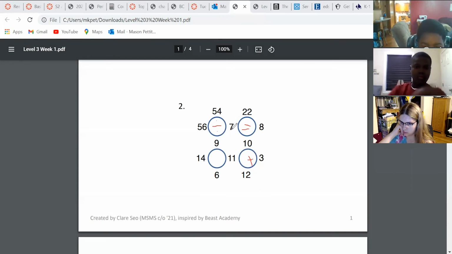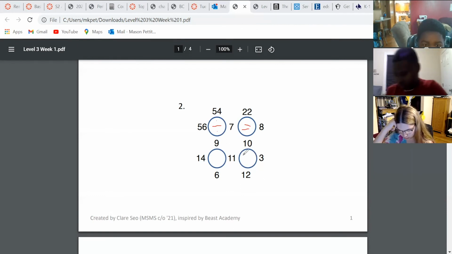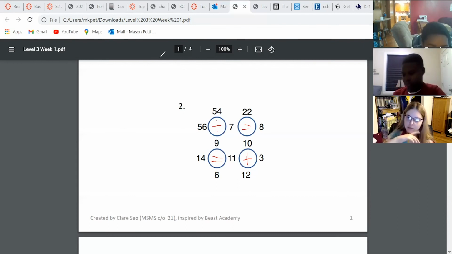Yeah, okay. Yeah, that would work out. And then we just need the last one, which should be easy since we don't have an equal sign, meaning we probably need an equal sign. Equal, yep. Okay, 11 plus 3, 14. 54 divided by 9 should give us 6, so that one's completed. Good job.